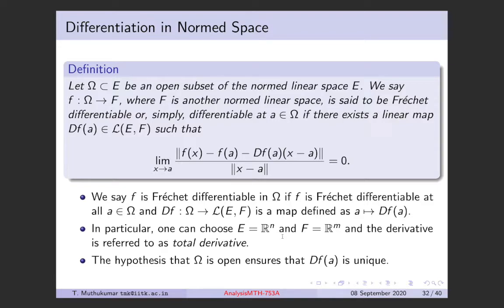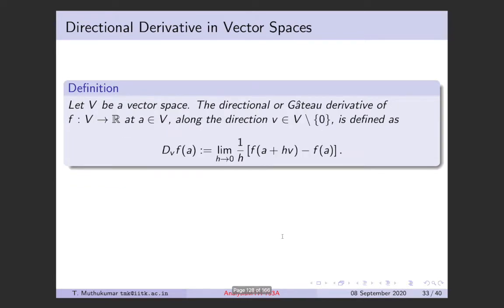The next is the generalization of what is called the directional derivative. You must have seen in your several variable calculus that there is a notion of directional derivative in higher dimensions, right? In the case of one variable, it coincides with the usual derivative because there is only one direction in the real line.